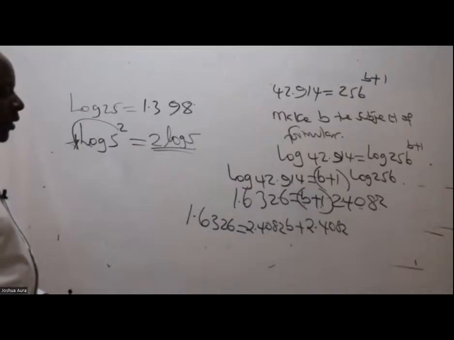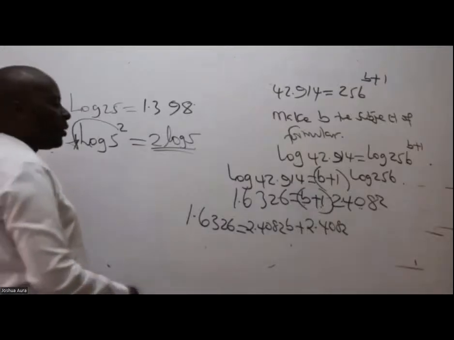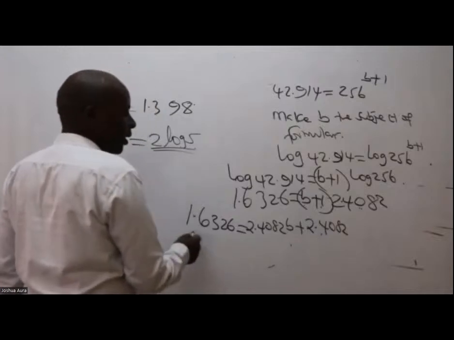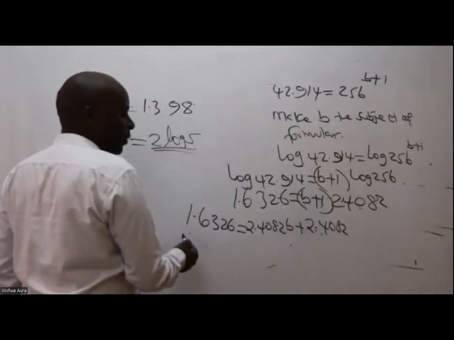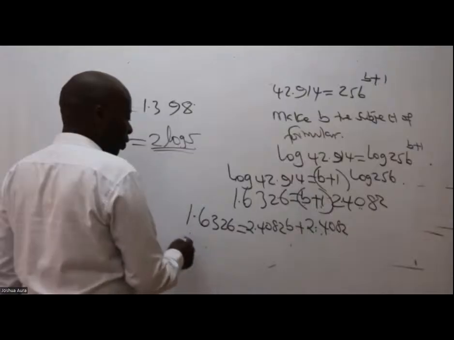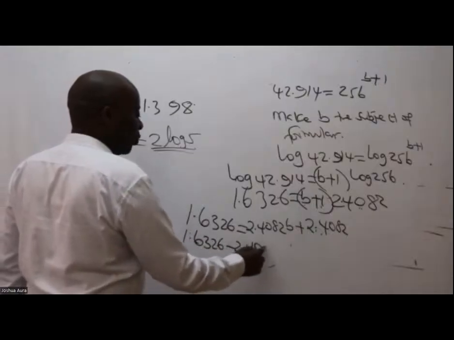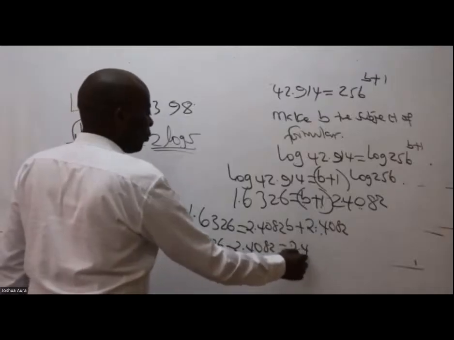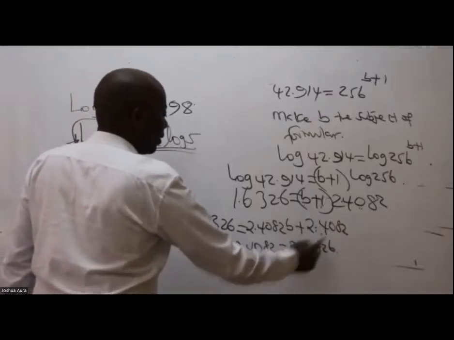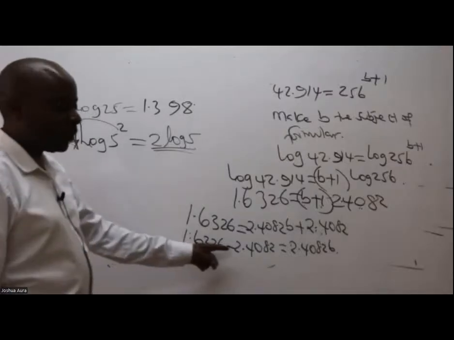Then we put like terms together, take this to the other side, where it has to become negative. So it will be 1.6326 minus 2.4082 equals 2.4082b. Is there somebody who can give me this figure when you subtract?